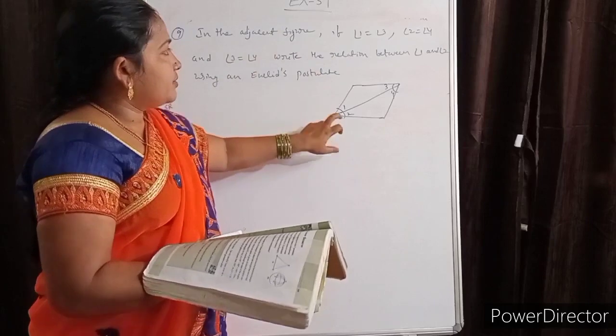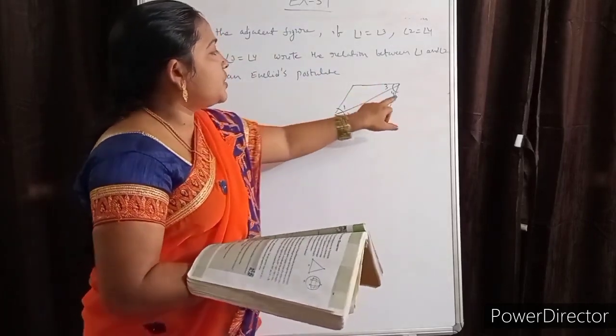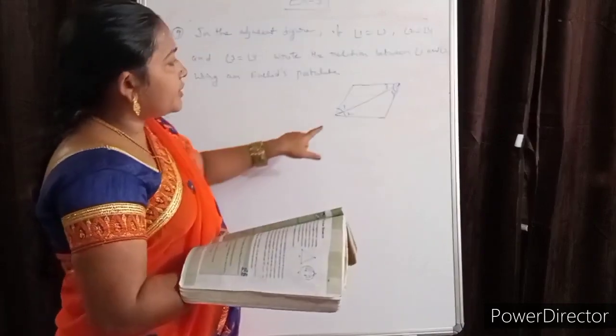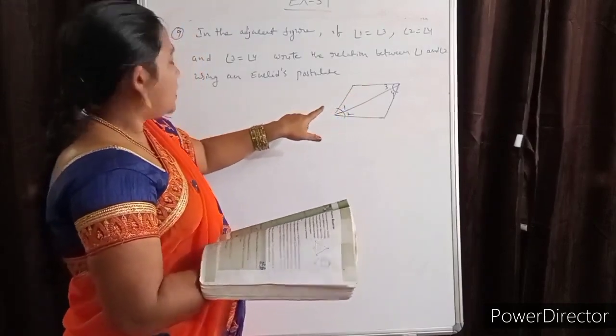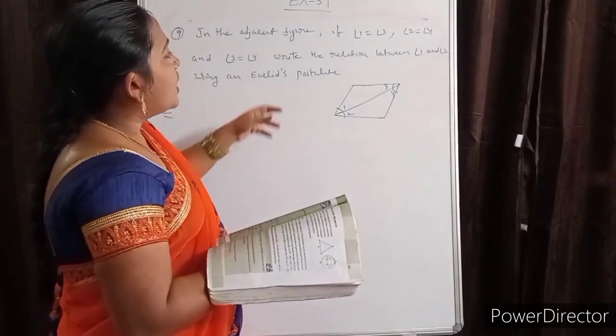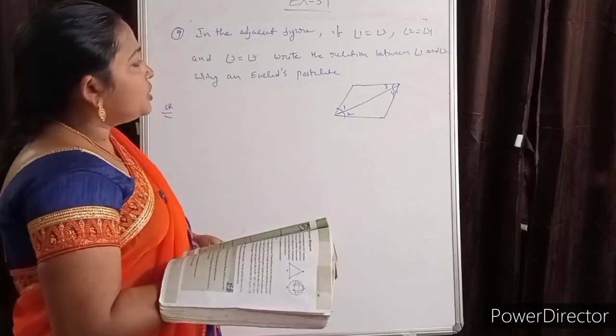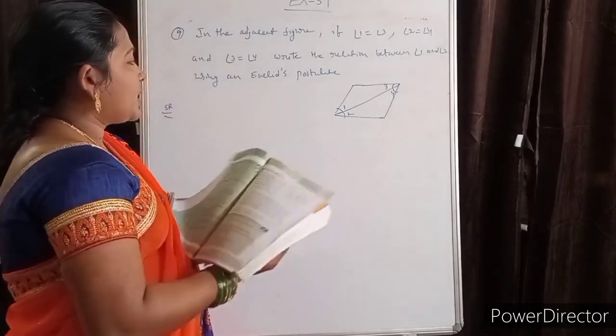In the adjacent figure, if angle 1 equals angle 3, angle 2 is equal to angle 4, and angle 3 is equal to angle 4, find the relation between angle 1 and 2 using Euclid's postulates.